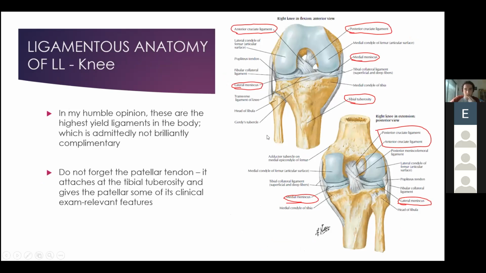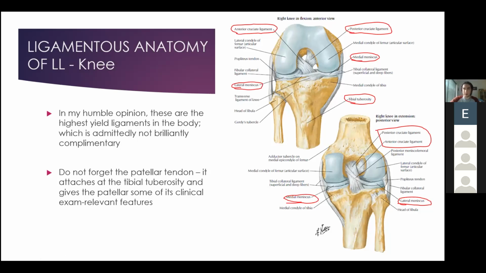The knee has a few things in it. These are probably the best ones to know in the entire body. Everyone who plays sport ends up doing their ACL, basically. The meniscuses are quite commonly injured, so it's good to have a rough idea of them and where they sit.